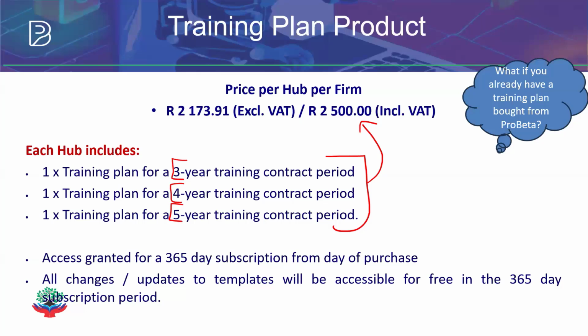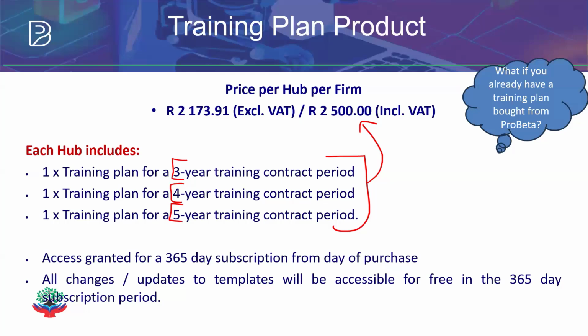But if something happens post a year, so later than 365 days from the day you subscribe, let's say SAICA decide to change or update their competency framework and change the competencies all over again, then that means we on our side have to go and rework the training plan products. And if it happens outside of the 365-day time frame, then you would need to rebuy access to the training plan hub to then get the latest changes. Okay.